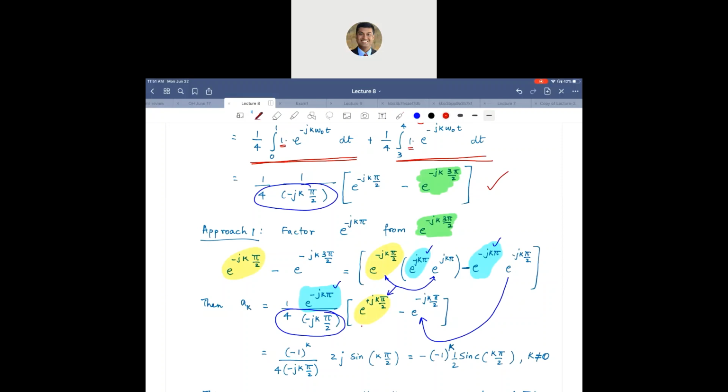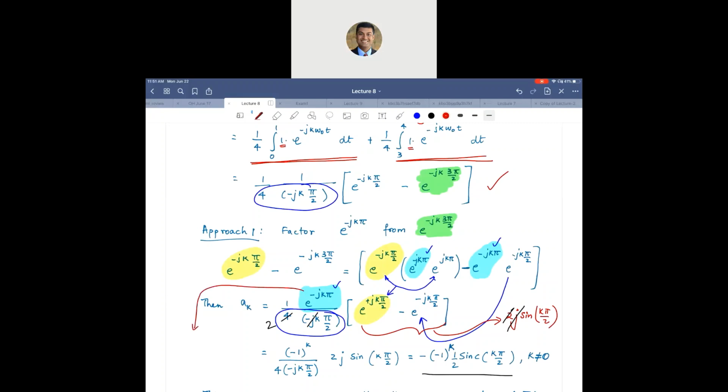For this, you can write this as 2j sine k pi over 2. j cancels out. This 2 cancels with that guy. And now what you have is a generic result, which is this guy.